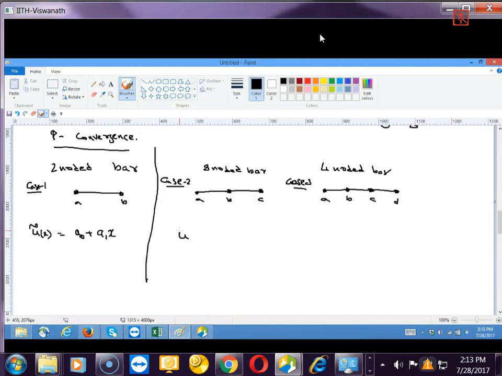Whereas in the second case, it will be a naught plus a1x plus a2x square.